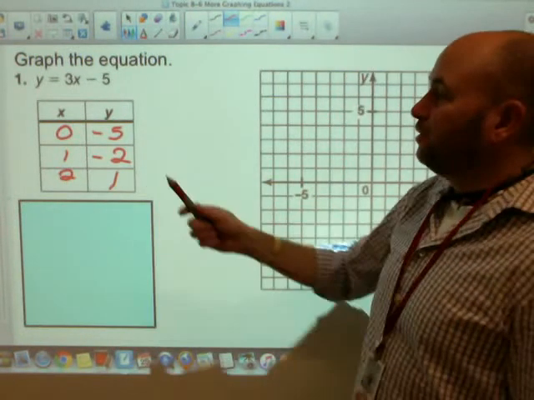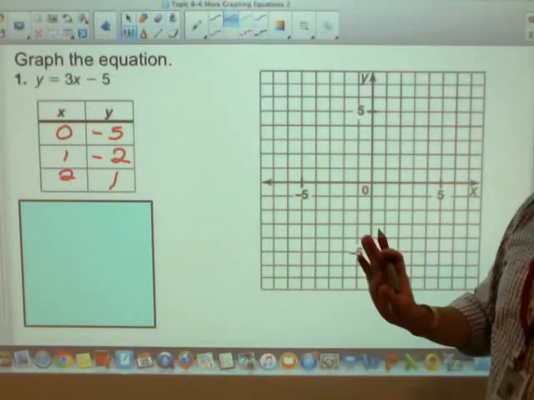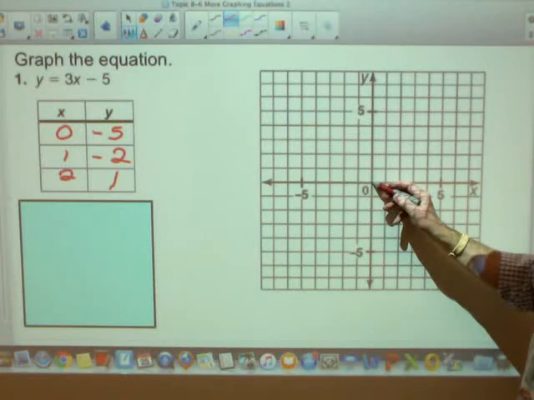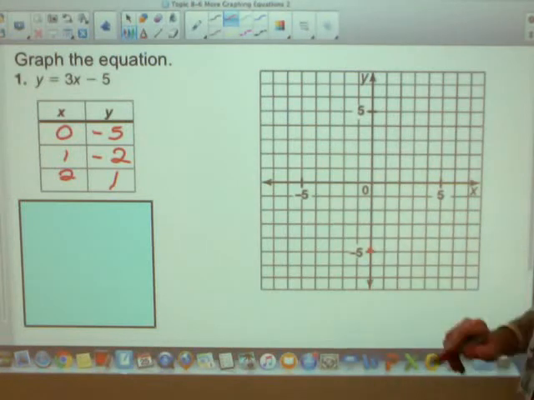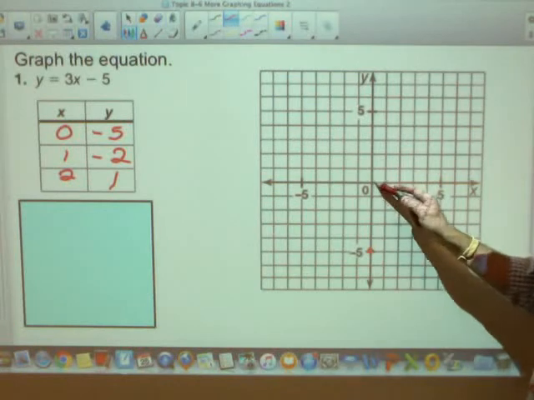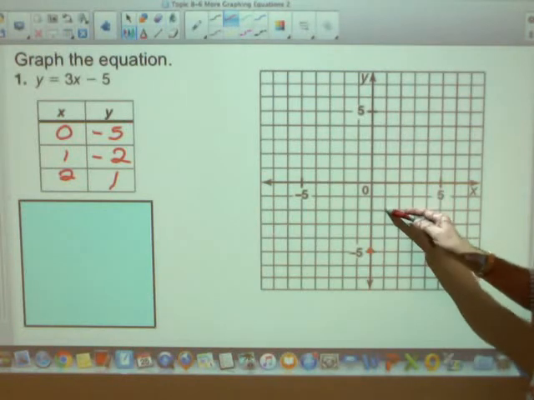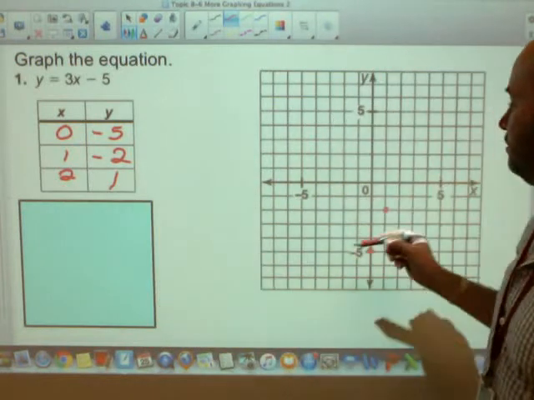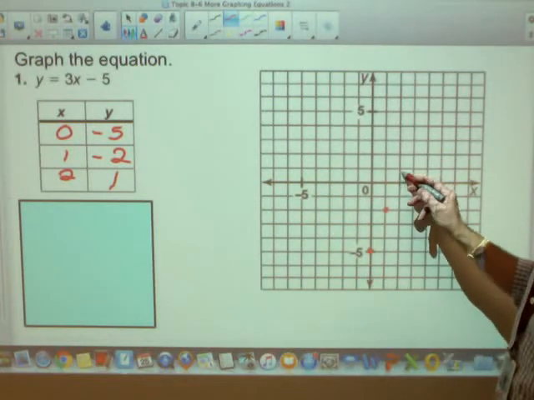Okay? So now I come over here, and I'm going to plot 0, negative 5. So I will be down there. Then I'm going to come over 1, negative 2. Right there. Then I'm going to come over 2, positive 1.